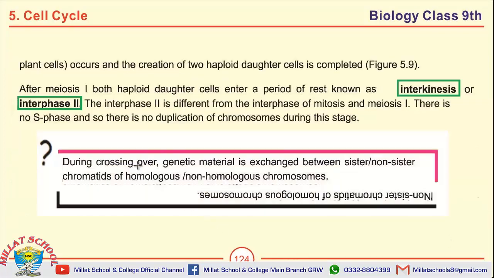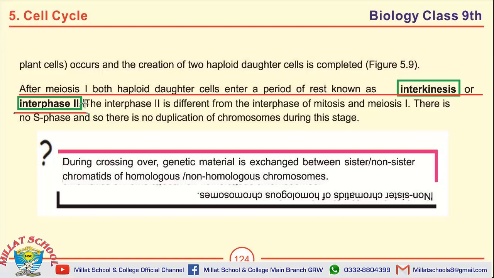The next one is about meiosis 2. What is interkinesis or interphase 2? After meiosis 1, both haploid daughter cells enter a period of rest which is known as interkinesis or interphase 2.